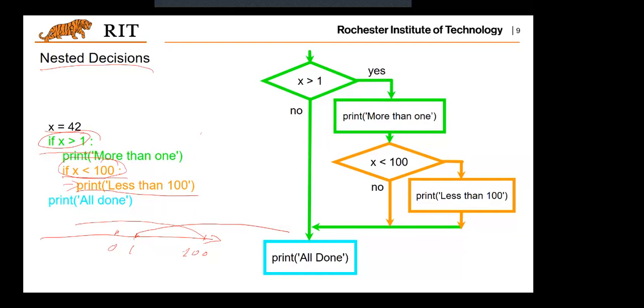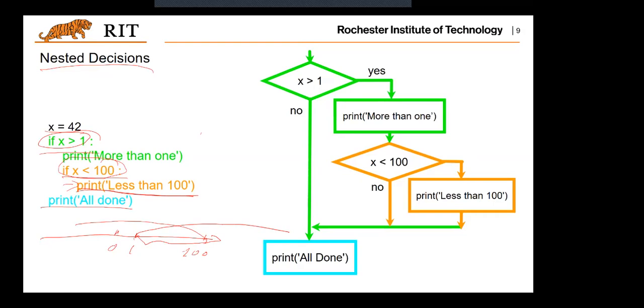So only x values in between are in this region. Both conditions are satisfied, and this print line will be executed. Otherwise, it will go to the end of the code. So that is the nested decisions.